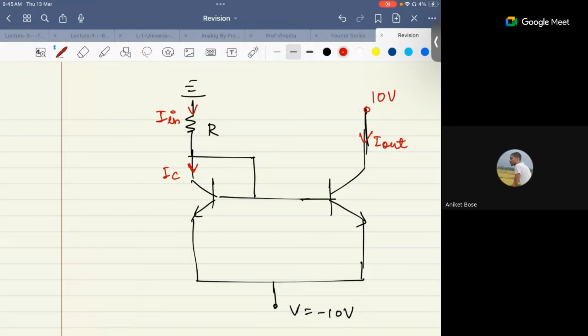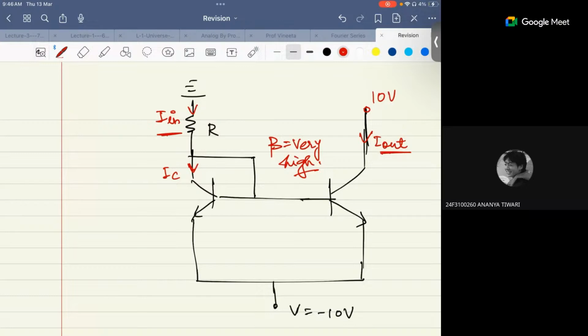What is the relation between I out and I input? I out will be equal to I in if beta is very high. That situation only works when beta is very high.